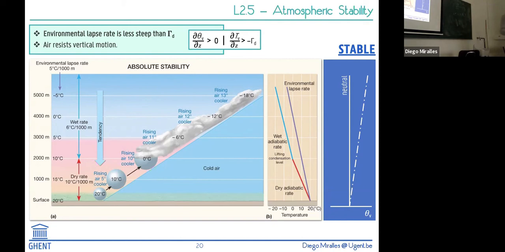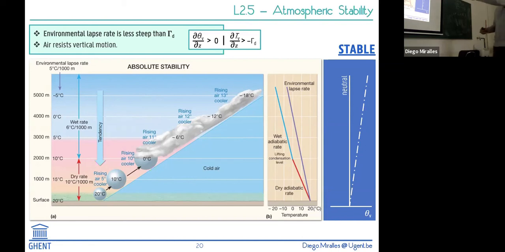Stable atmosphere. It doesn't generate mixing. It doesn't create cooling of the air that forms clouds and rainfall. Nothing. Stable. Clear skies, nice weather, perfect to go to the beach. So, okay, that's an atmosphere in which the temperature declines less than 1 Kelvin per 100 meters, or in other words, an atmosphere in which the virtual potential temperature increases.